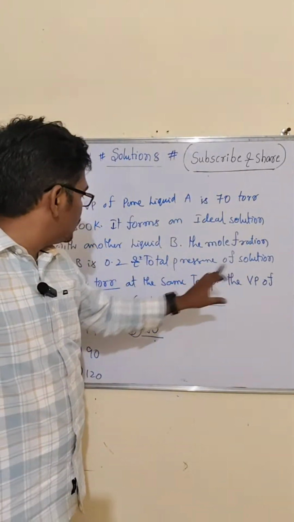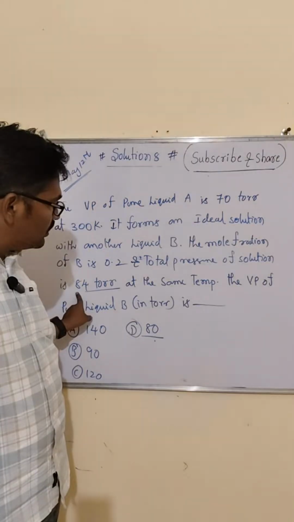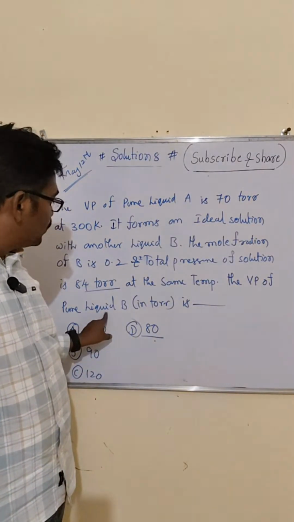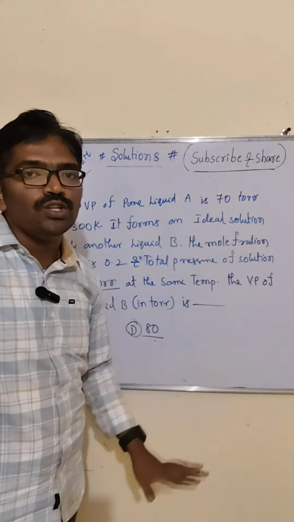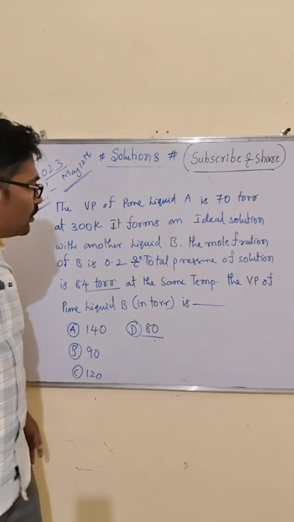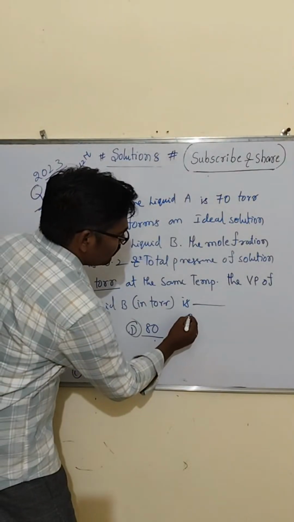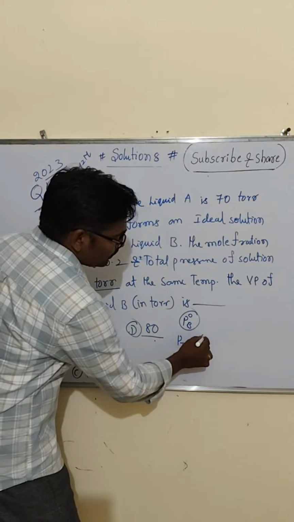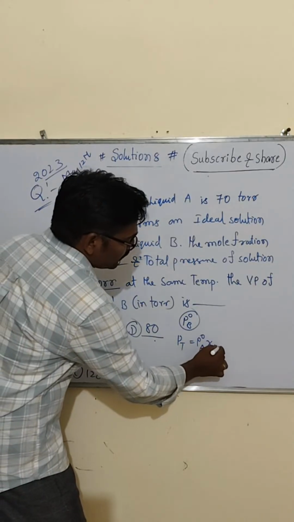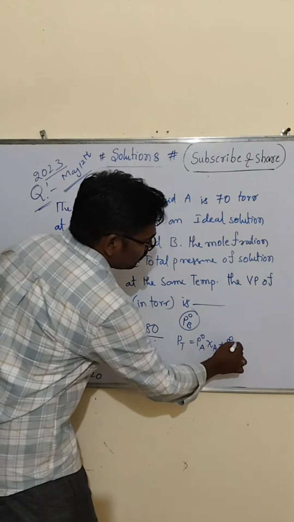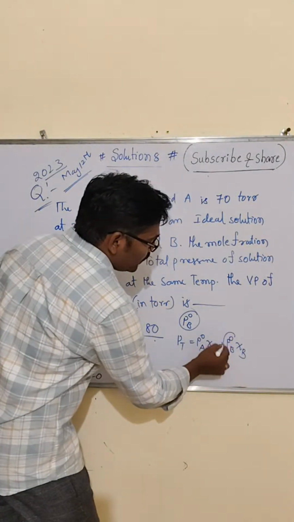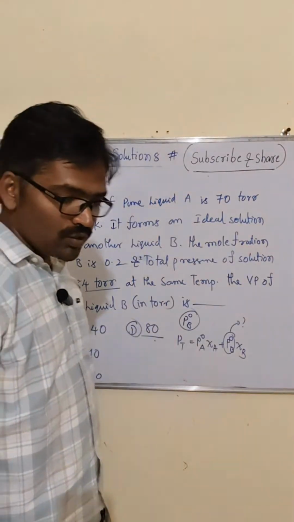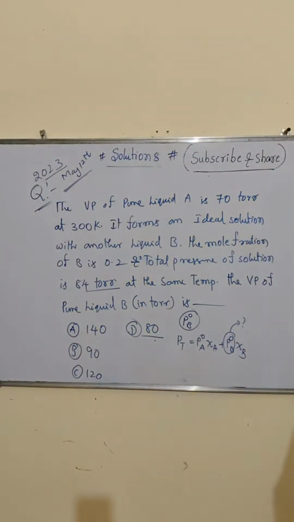Total pressure of this solution is 84 torr. You have to find the vapor pressure of pure liquid B, P naught B. The formula is P total equals P naught A into mole fraction of A plus P naught B into mole fraction of B. Find it out.